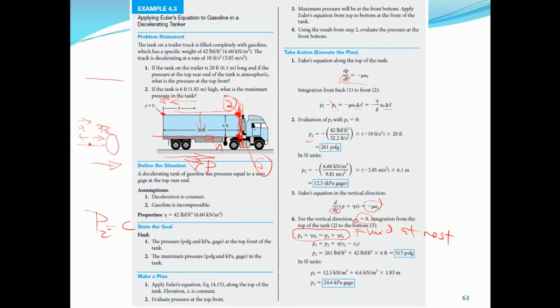Along this straight line, along this face, the pressure gradient is constant, and it is 0. So the piezometric pressure at this point is equal to the piezometric pressure at that point, which were equated, so as to find the pressure at this point, which is P3. So this is the simple application of Euler's equation.